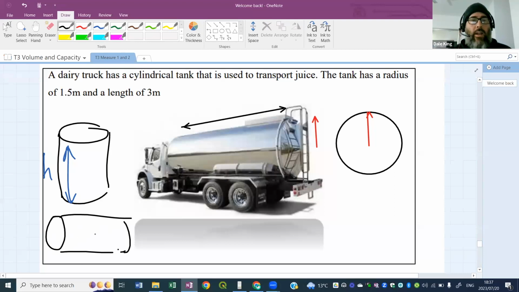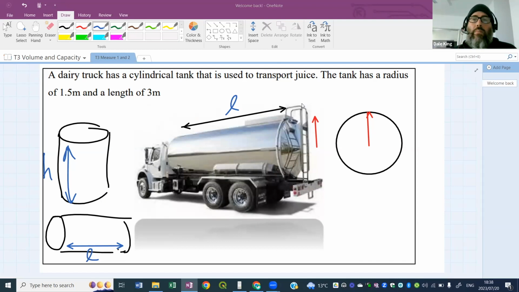We still need a radius, but this dimension here, the blue one, which was a height, they're now calling length. Don't be confused, it's the same thing. Because the cylinder is on its side, they're not saying height anymore. It wouldn't make sense to say height.